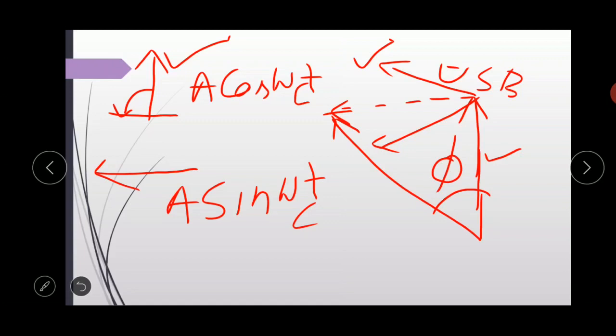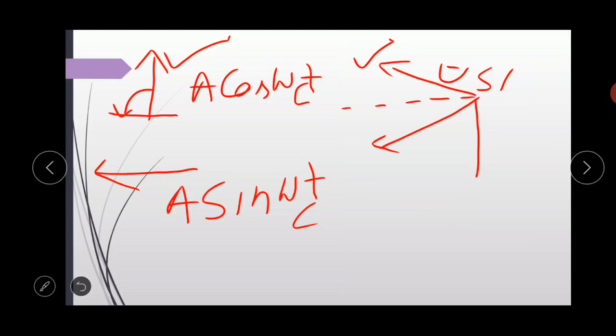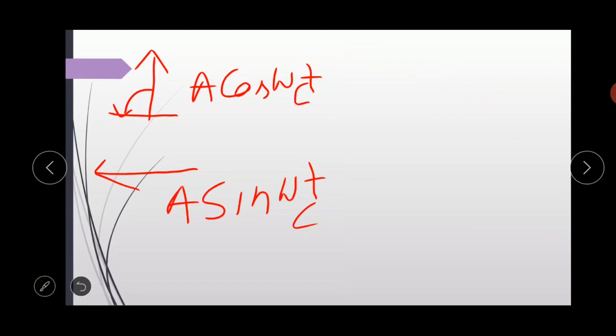As the amplitude of the modulating signal increases, the modulation index will also increase, and the amplitude of the sidebands also increases. If the sideband amplitude increases, then the amplitude of their resultant also increases.